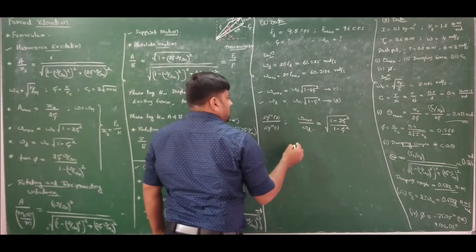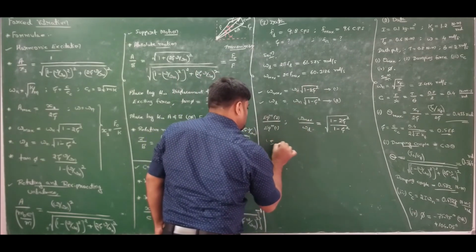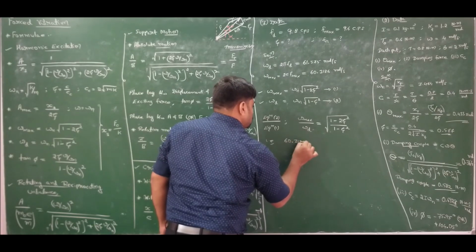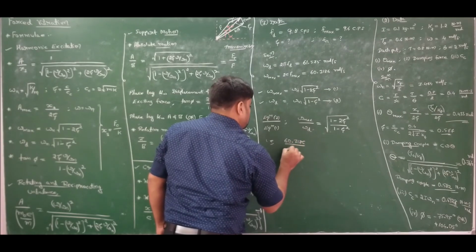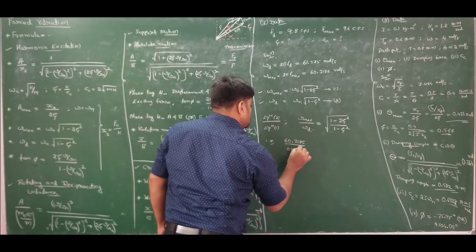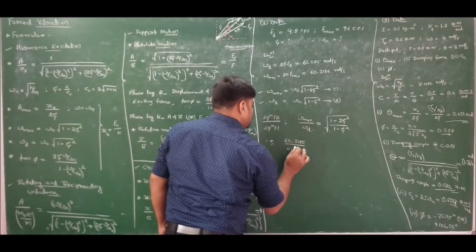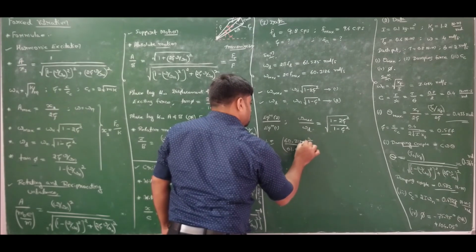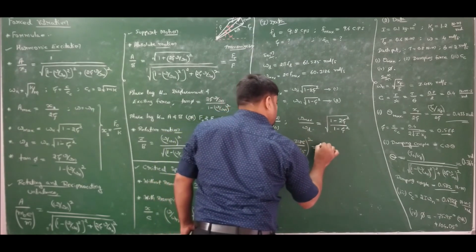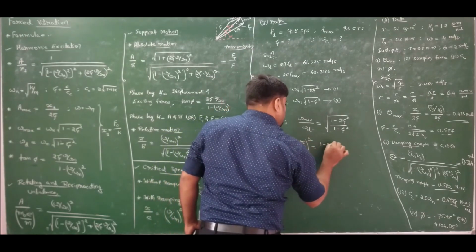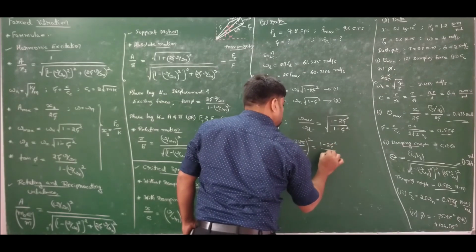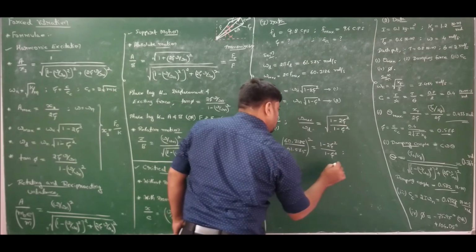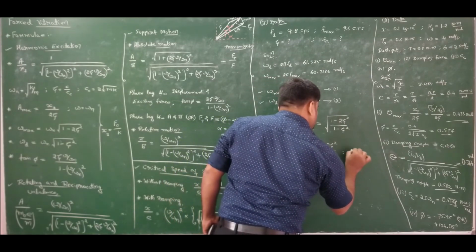That is 60.3186 divided by 61.575, whole square. Let us square it on both sides. It is equal to 1 minus 2 zeta square divided by 1 minus zeta square. If I solve, I'll get the value of zeta.